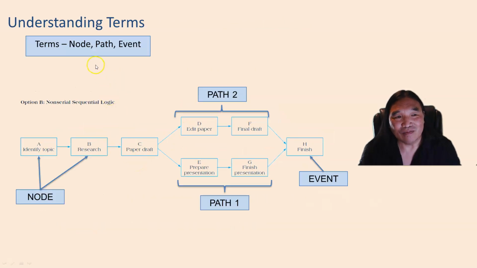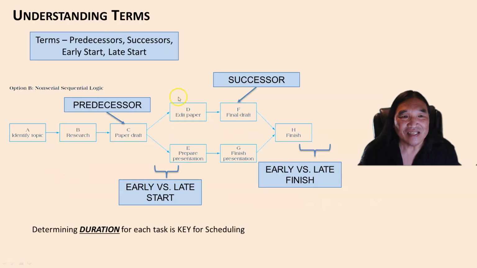And so, in terms of our terminology, each of these are nodes, these are pathways, and an event is what starts something or finishes something. And so, predecessors, successors, early start, late start. Now, these can start at different times.